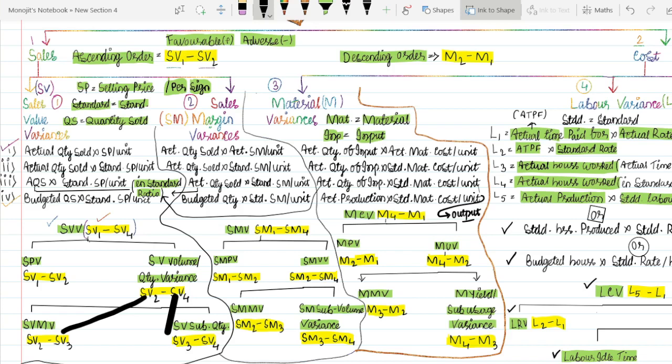So this total formula is also divided into the 5 parts. In examination, they will ask you to calculate the sales margin value or sales margin price variance or sales margin volume variance. They will ask about these components.